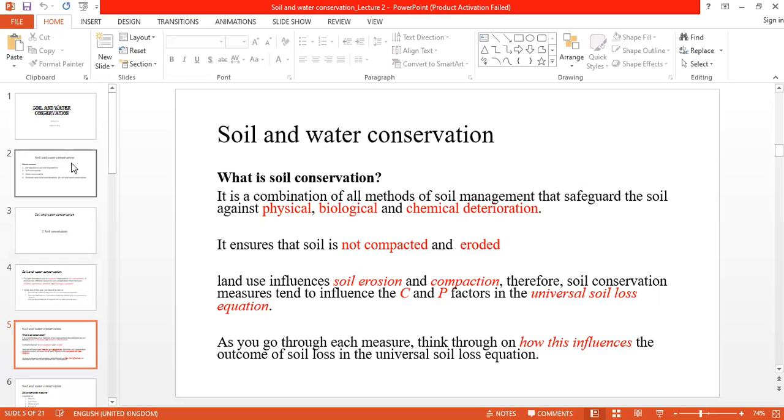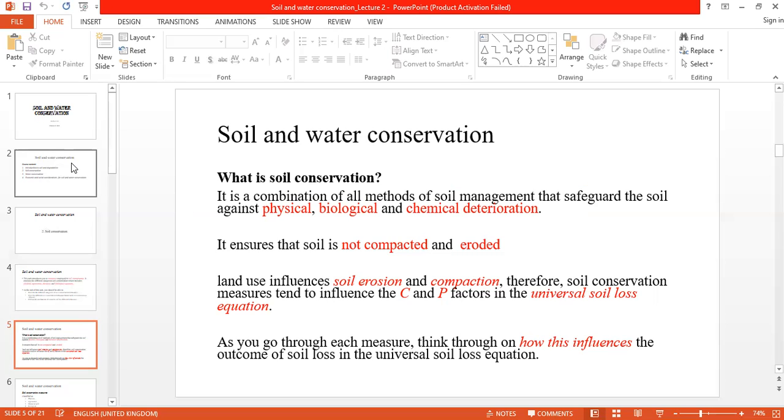So we know that usually land use is one of the practices that will influence soil erosion and soil compaction. And therefore, when we look at that universal soil loss equation, we see that the C factor and the P factor are the ones that we can manipulate in order for us to reduce soil erosion. Or if we don't do them well, they will increase soil erosion.